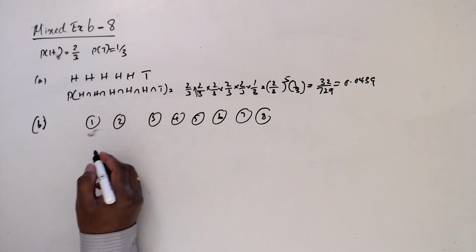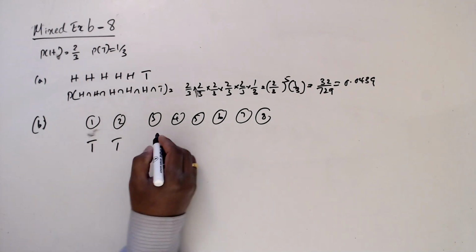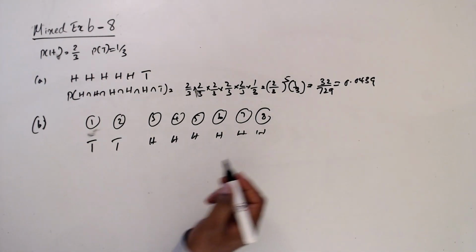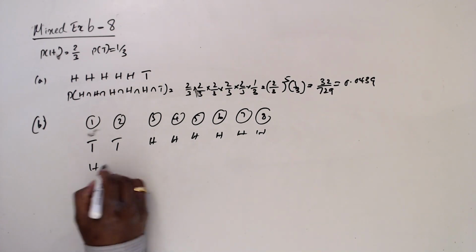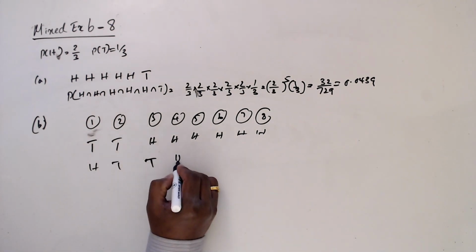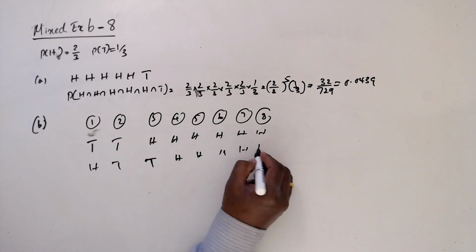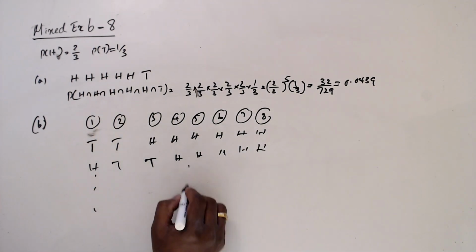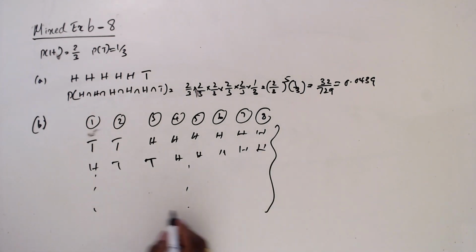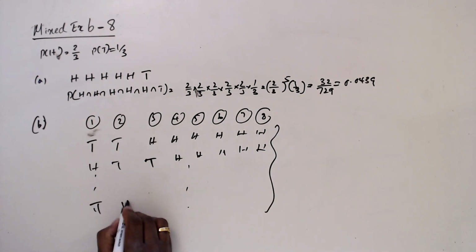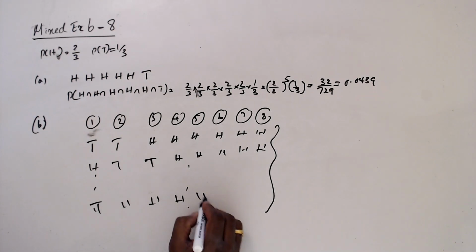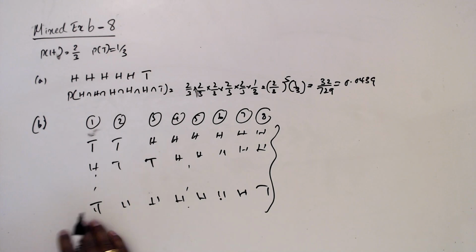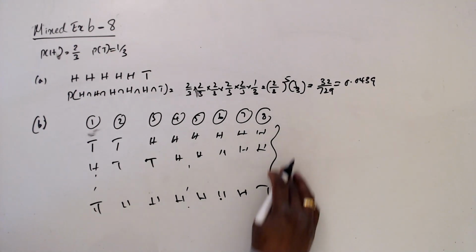Basically we can get this one and this one as tails and all the others head, or this one head, tail, tail, and then head, head, head, head, head. Likewise, we have a lot of choices like that.